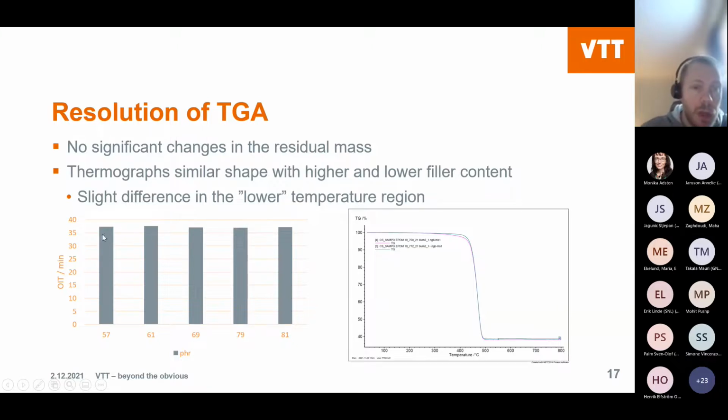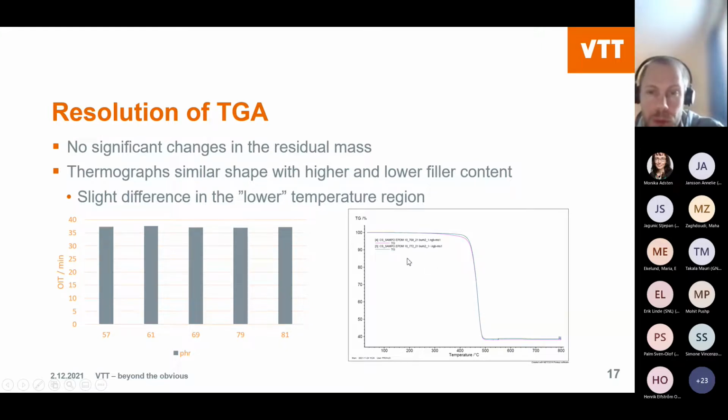But anyway, you can see from the figure the residual masses are not different; we couldn't distinguish the samples from each other. After this, we were wondering why this is. We looked in a bit more detail at the thermographs from the TGA, and they look very similar.